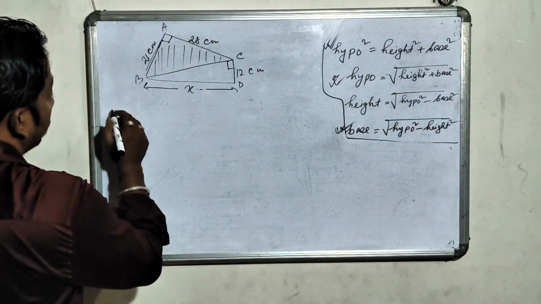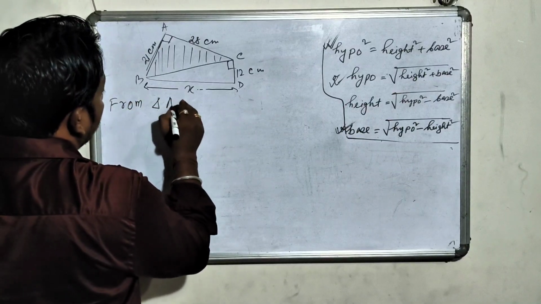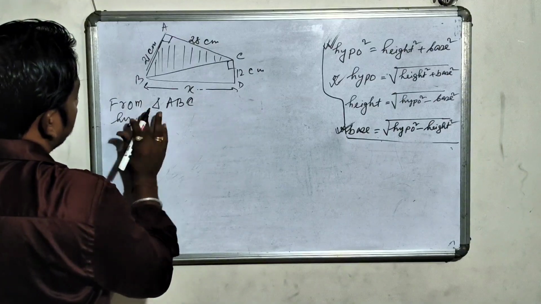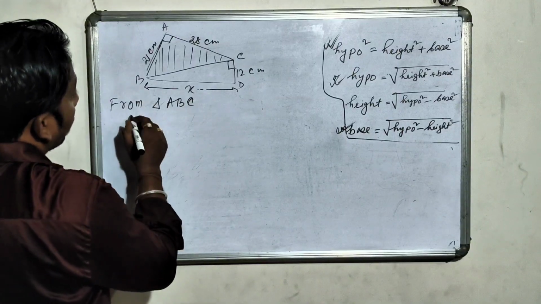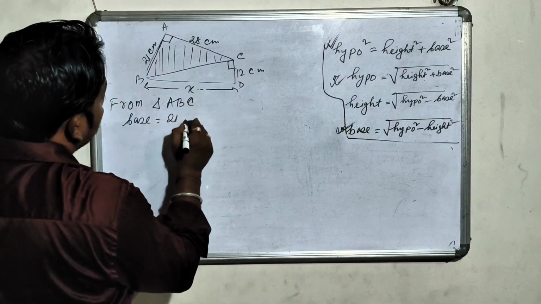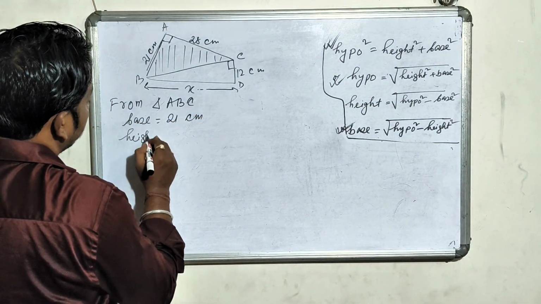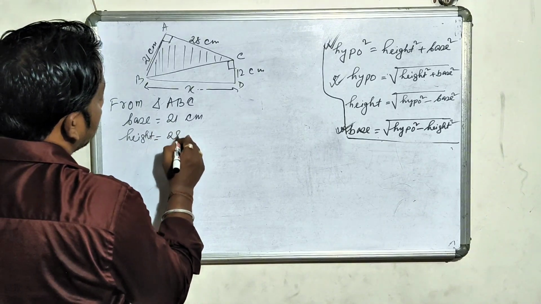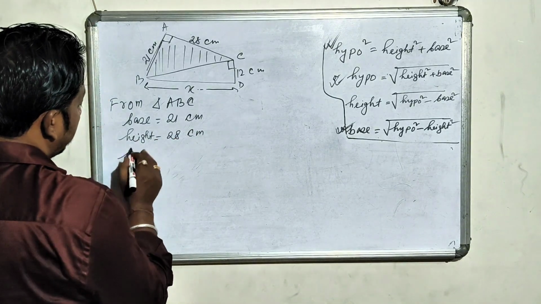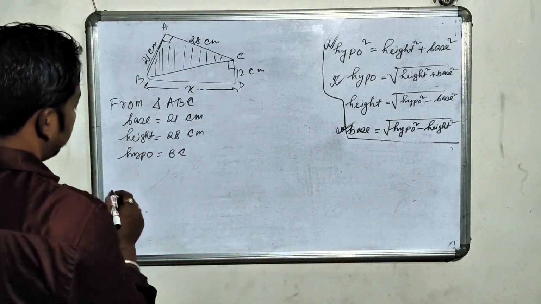So from triangle ABC, base equals 21 centimeter, height equals 28 centimeter, and hypotenuse equals BC.